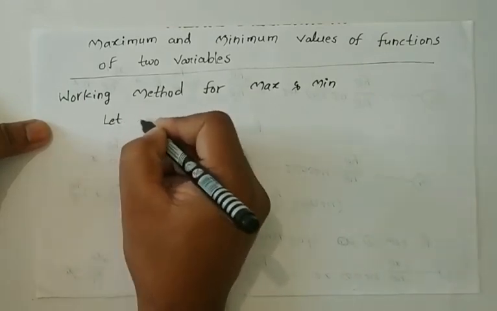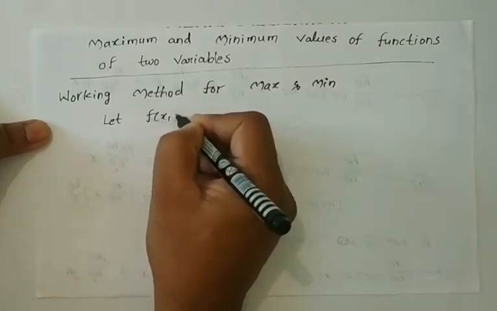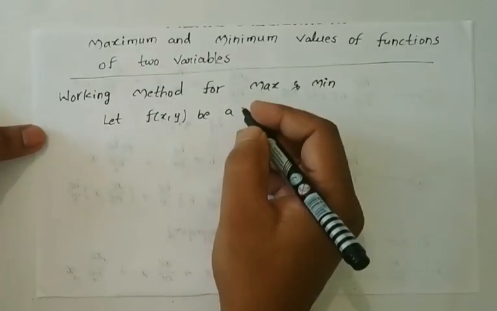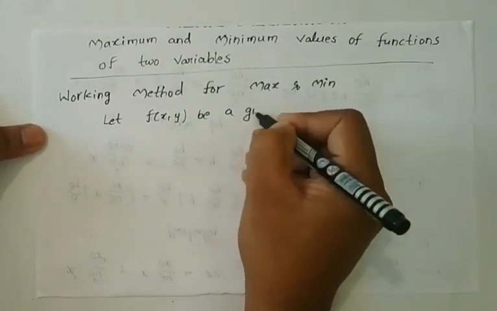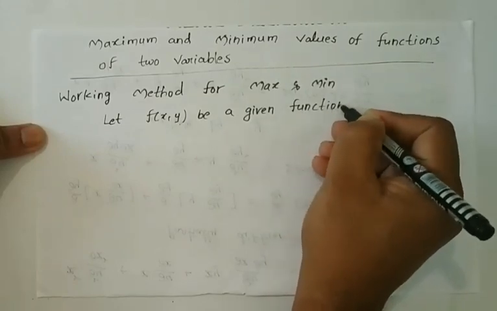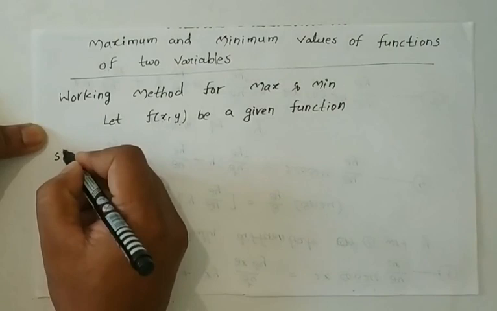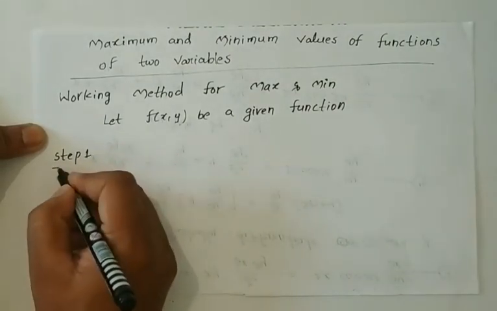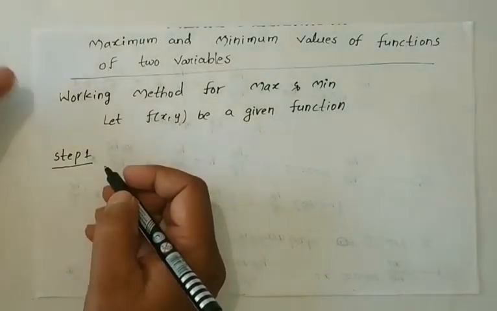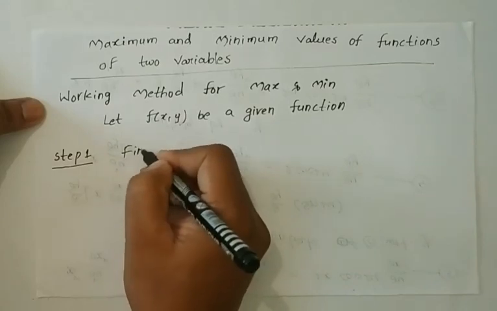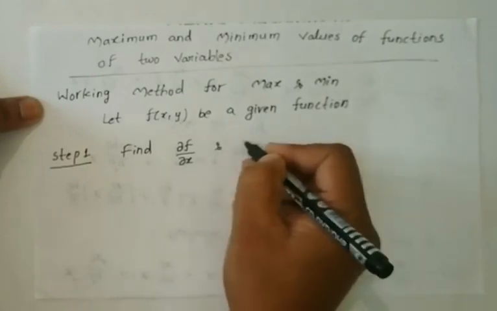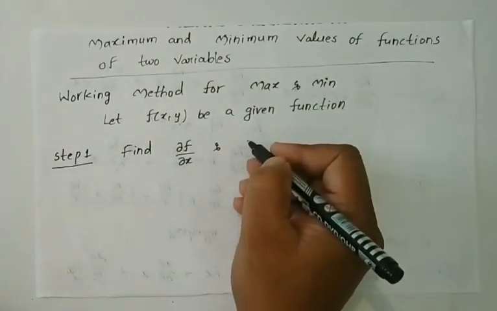Let f of x comma y be a given function. Step 1, find dou f by dou x and dou f by dou y.